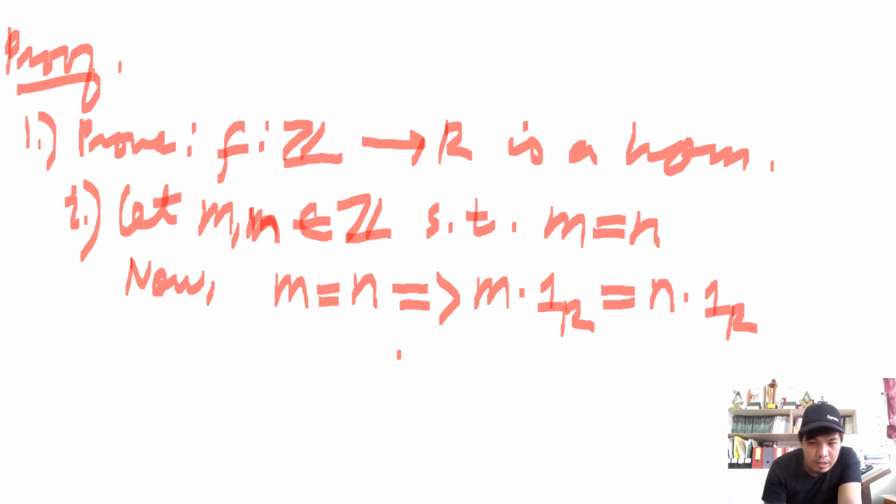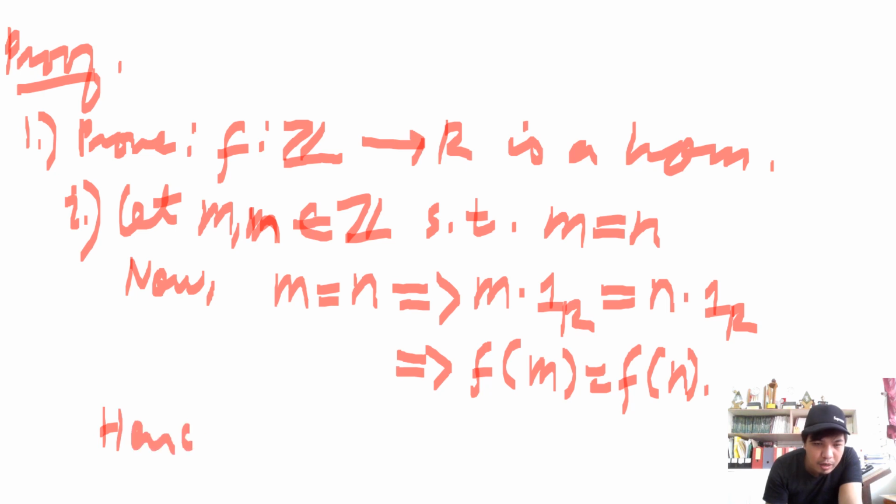This also implies, from the definition of f, that m times 1 sub r is simply f of m, and this is equal to f of n. Hence we conclude that f is well defined.